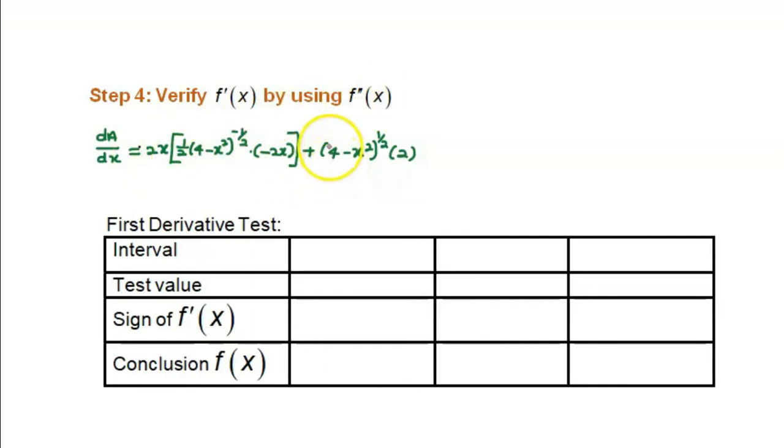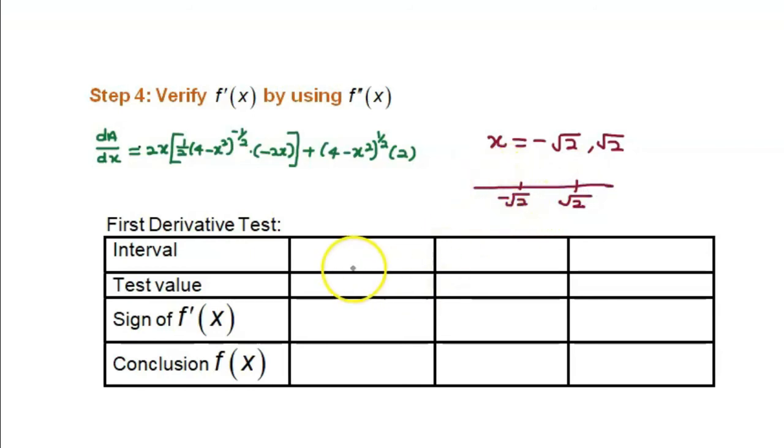So instead of using the second derivative test, we will test the critical numbers using the first derivative test. Remember, our critical numbers were x equals negative square root of 2 and square root of 2. Placing them on a number line in increasing order, we have negative square root of 2 followed by square root of 2.